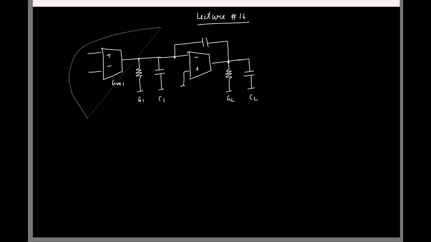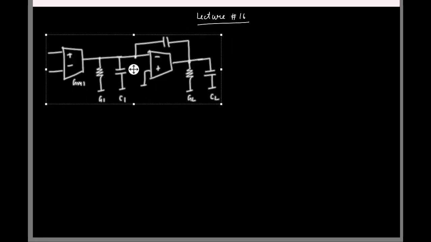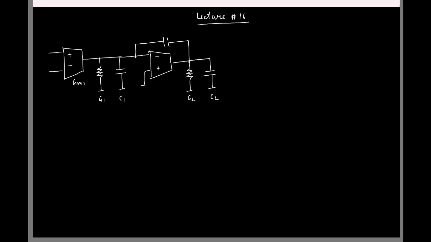Okay, so this was the two-stage Miller compensated OTA. It has one right half plane zero and two left half plane poles.